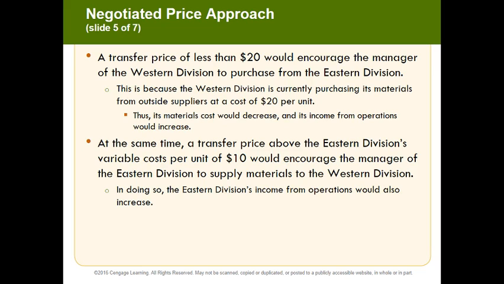Also, a transfer price above the Eastern Division's variable cost per unit of $10 would encourage the Eastern Division to supply materials to the Western Division because they would have an increase in income from operations. It would not be on par with a market price, but they would still increase their income from operations. So in one division, we will decrease costs, and in the other, we will increase income. So overall, we are doing a positive thing for the company on a global scale.